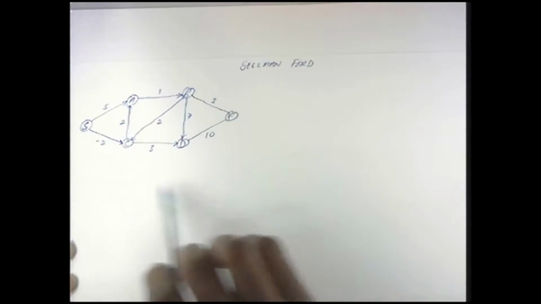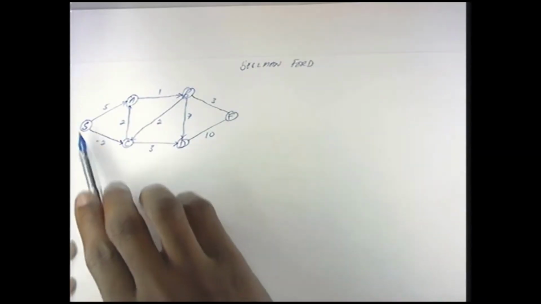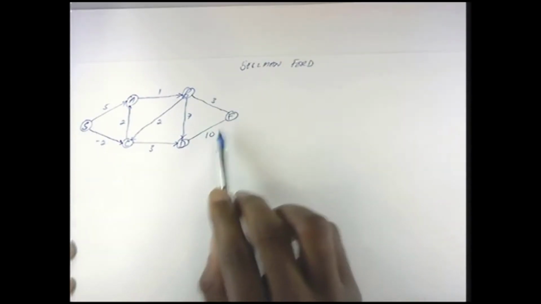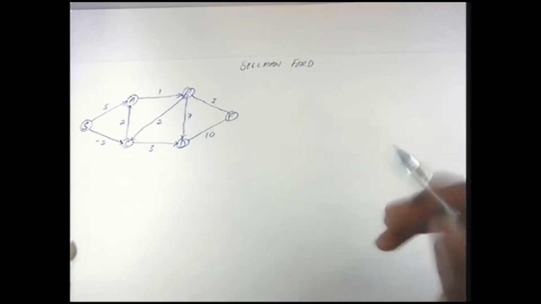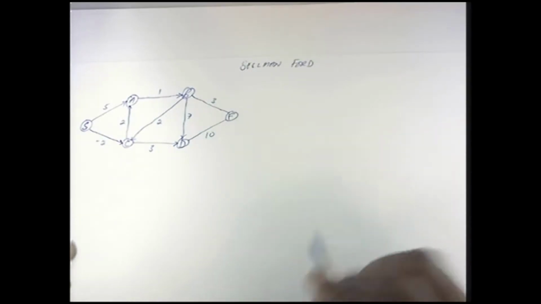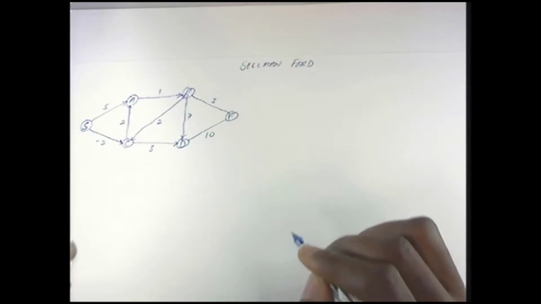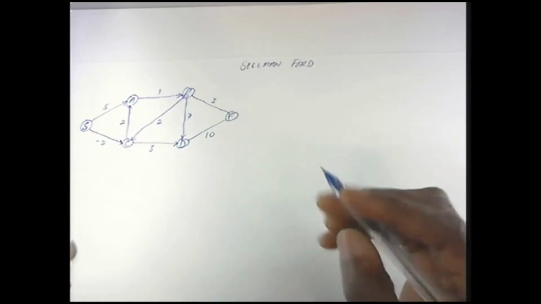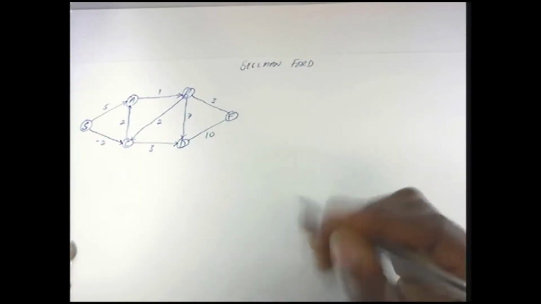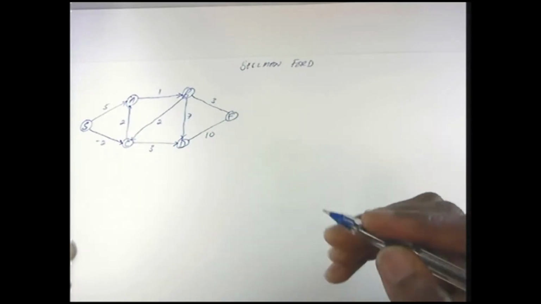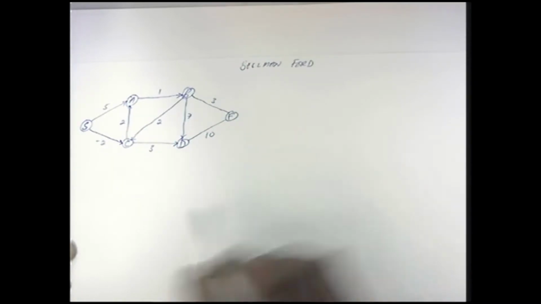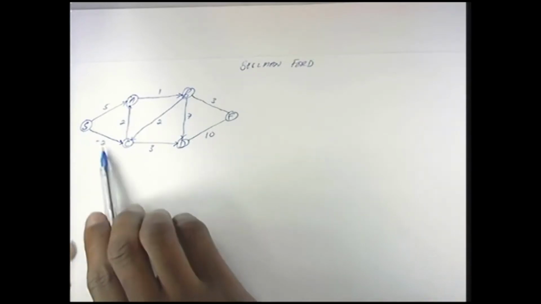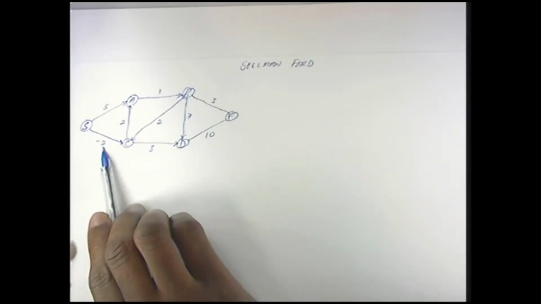So we have a graph with a starting node of S and a finishing node of F. Now, one thing about the Bellman-Ford algorithm is that it helps us to calculate negative edges. So it takes into consideration negative edges. So you can see that from S to C, we have -2.